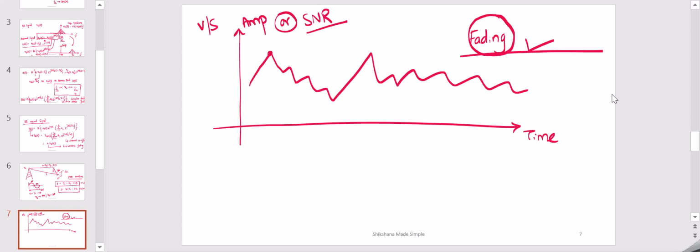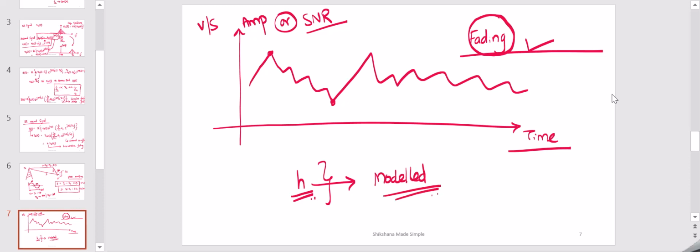So it could be a very good SNR under a constructive interference scenario, or it could be a very bad SNR under a destructive interference scenario. So this is nothing but the multipath fading concept in wireless communication. That is modeled by the channel coefficient H. We will see how this is modeled in terms of distributions in the upcoming video.